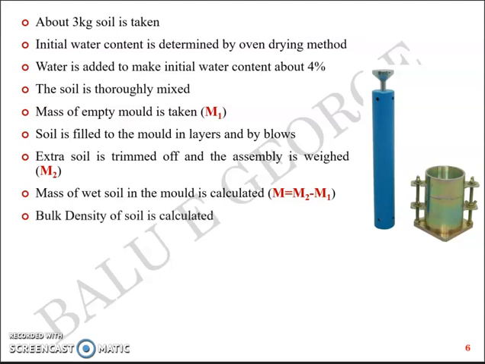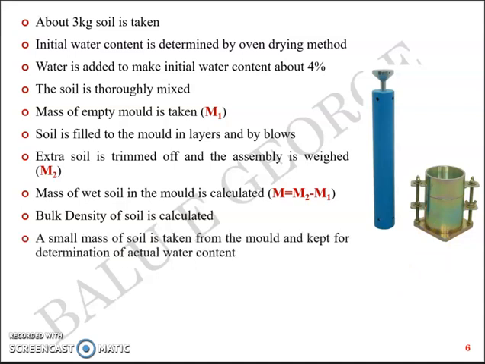So this is quite simple. You get the weight of the soil inside this, which is M2 minus M1, and you get the volume of the container or the mold, and you divide M by V. You get the bulk density. Now a small mass of the soil is taken then and is kept for actual water content determination, which means this will actually help you to determine the dry density.